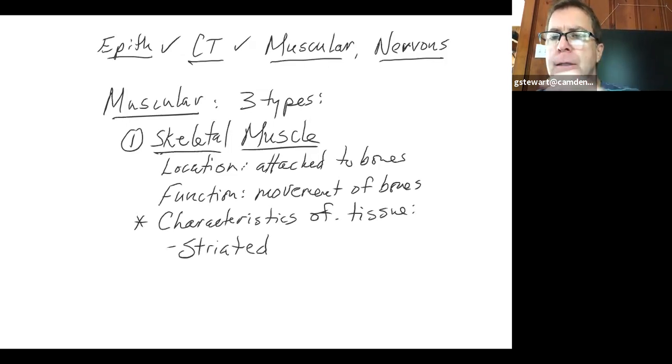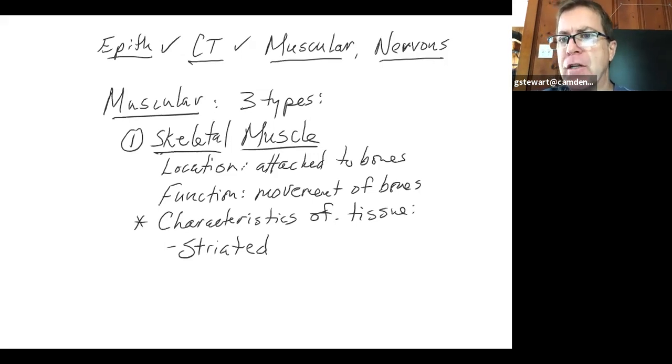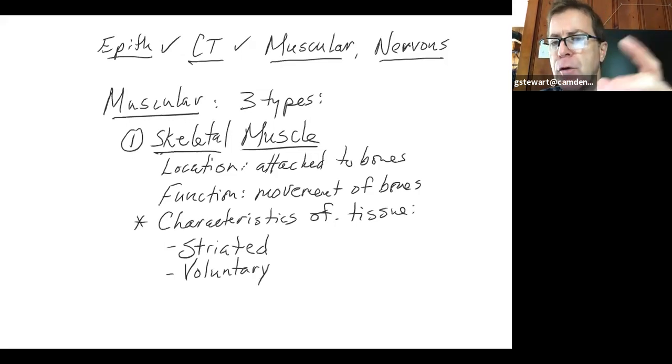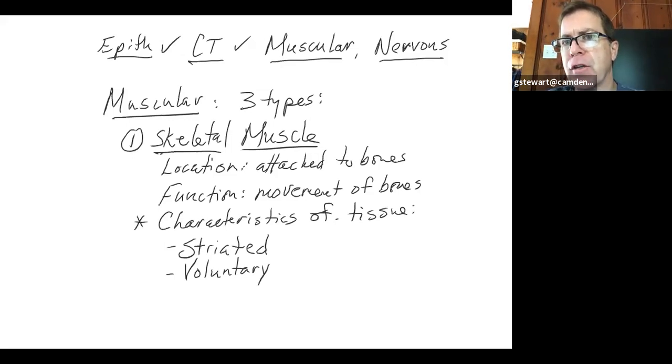All that means is when we look at this tissue under a microscope, it has stripes in a very regular arrangement, parallel arrangement. This muscle is voluntarily controlled. You want to move your left arm, you can move it. You want to take a step with your right foot, you can do that. So it's voluntarily controlled. We have conscious control over the contractions of this tissue.